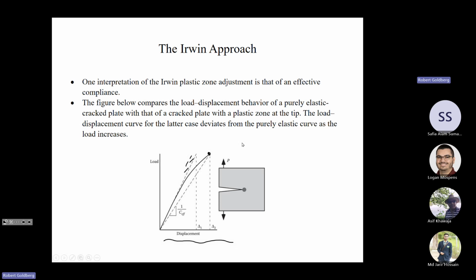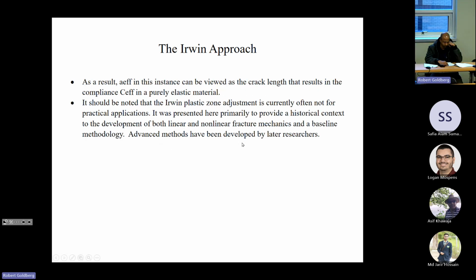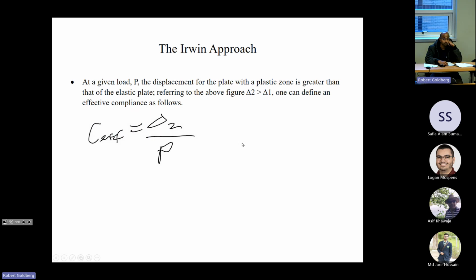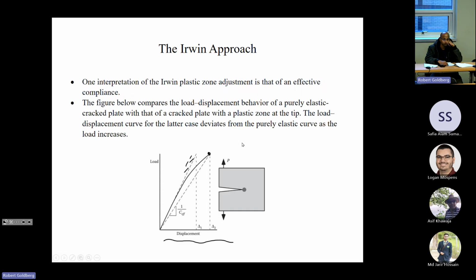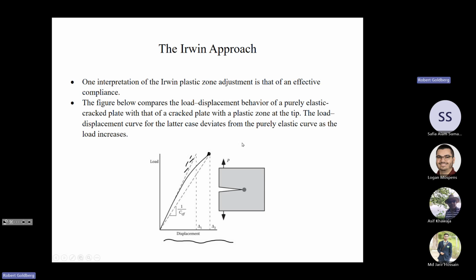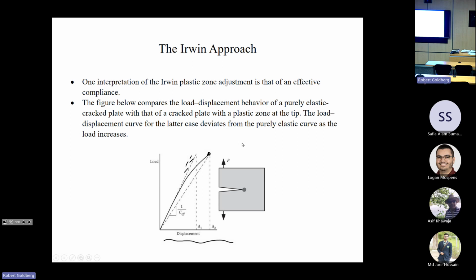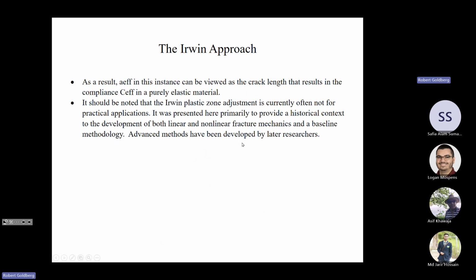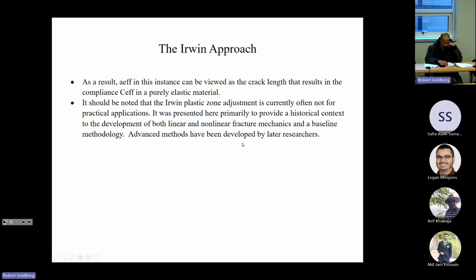So another way to look at it is our effective crack length can be viewed as the crack length that would result in this compliance for a purely elastic material, because if we do it this way, we just assume an elastic connection between load equals 0 and load equals P. So that's our effective compliance.